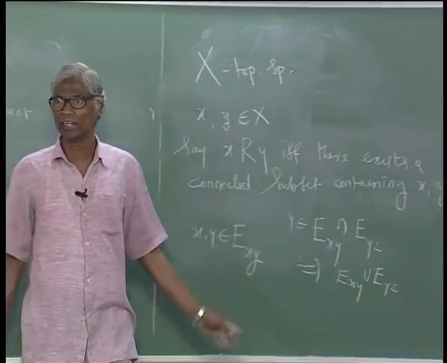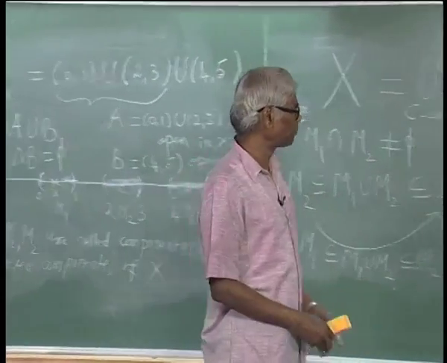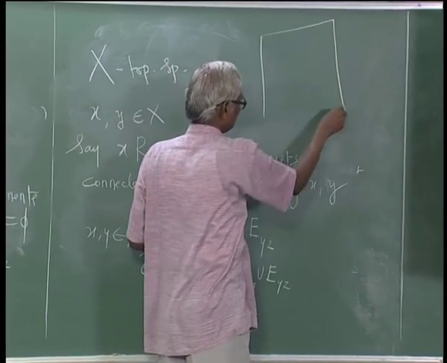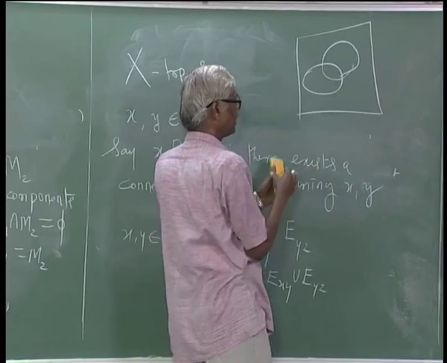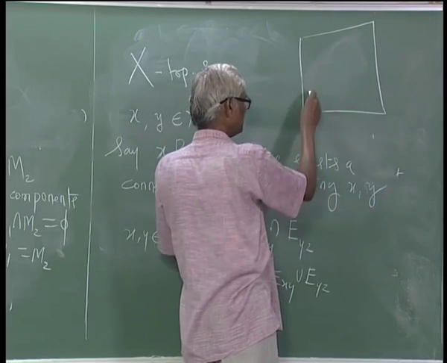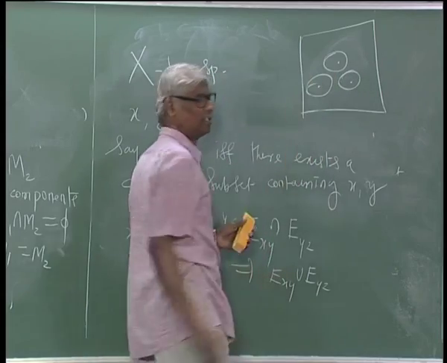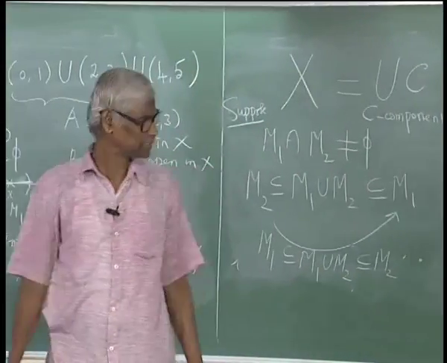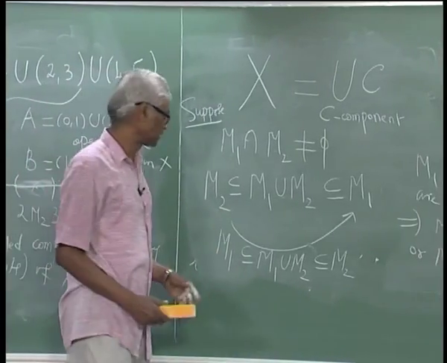So this will be an equivalence relation, and hence this relation will partition the set into disjoint equivalence classes. Each is an equivalence class, and in fact that equivalence class is nothing but our maximal connected sets.